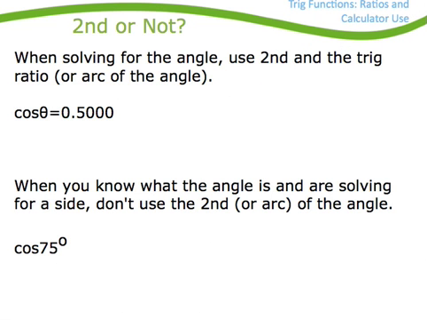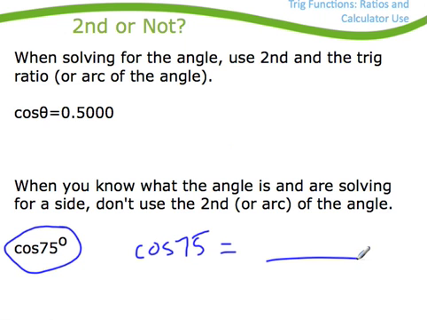So when you're doing solving questions, if you know what the angle is, like down here, all you do is you type cos 75 and that'll come out to a number. So you just type that out on your calculator, cos 75.